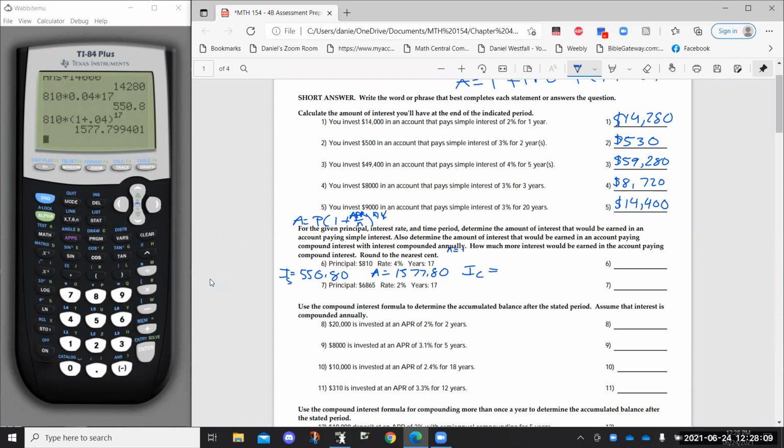Just going to put a little C there. It's going to be that number minus the original principal of 810, which is a compound interest of 767.80.